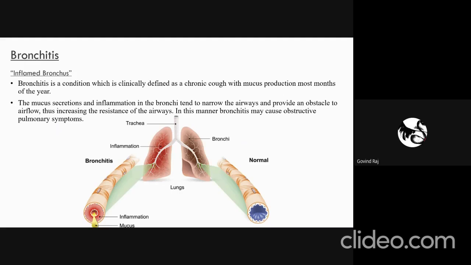The mucus secretion favors inflammation, because the mucus will trap a lot of pathogenic organisms or microbes, and these microbes may trigger inflammation. Thus the bronchi tend to narrow the airway and provide an obstacle to the airflow. Thus this creates an airway resistance.